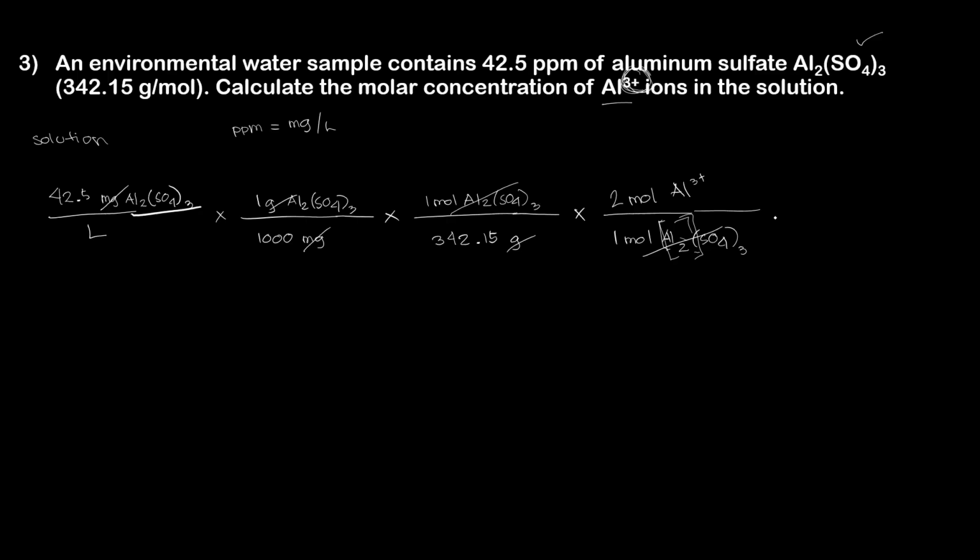So we can calculate this and get 2.48 times 10 to the negative 4 molar Al3 plus. So that is the molar concentration of Al3 plus from the 42.5 ppm aluminum sulfate.